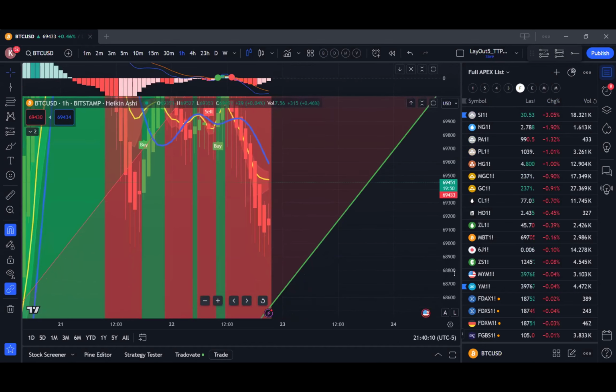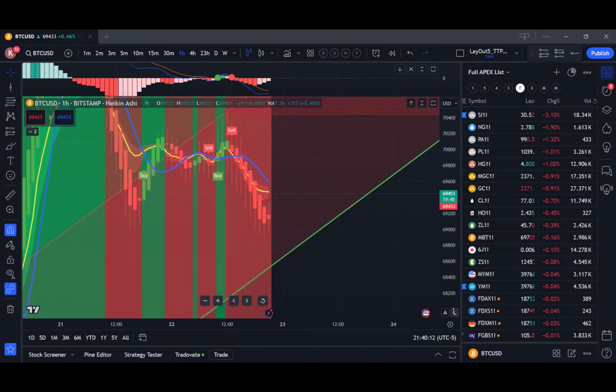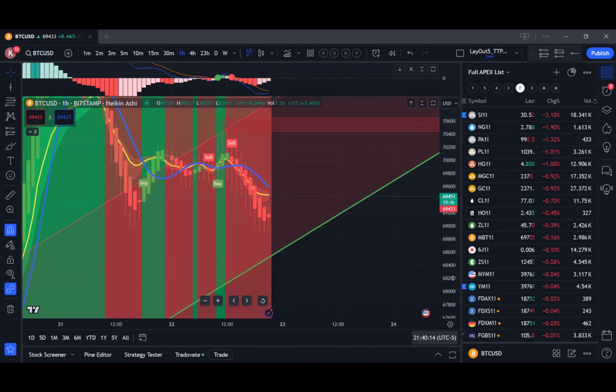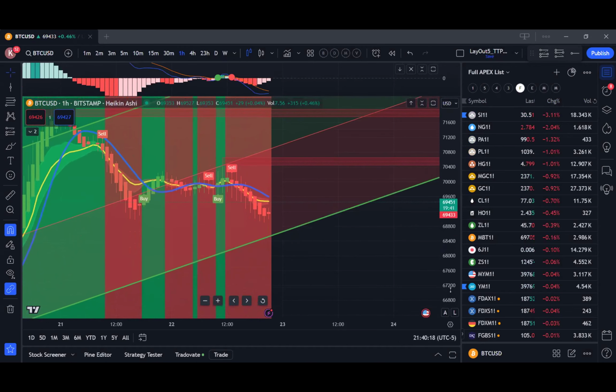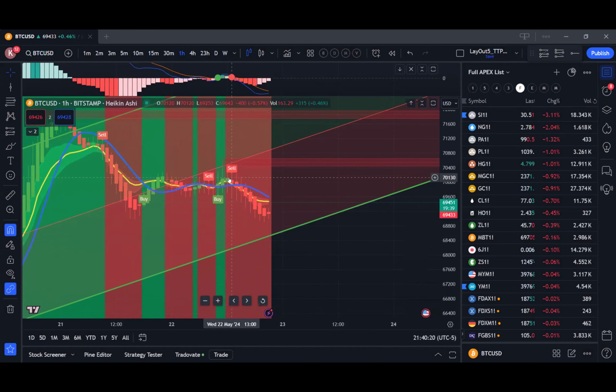We need the indicators to see hourly, 15 minutes, 4 hours. You have a sell here, and it is still going down. This is the hourly chart.